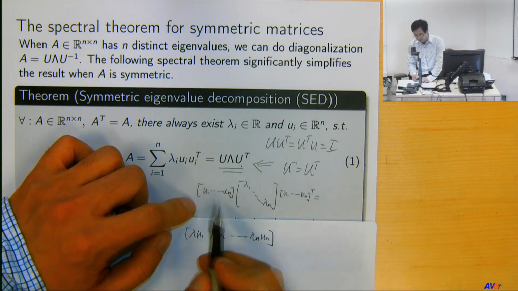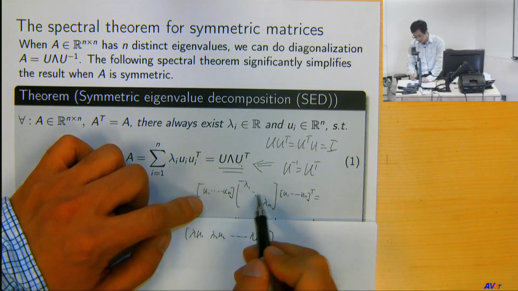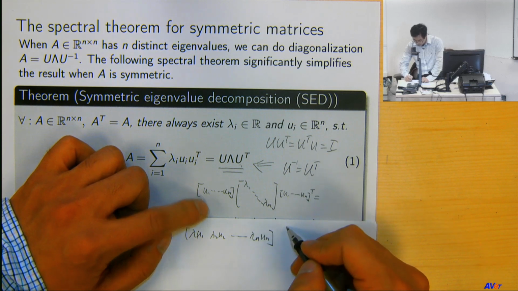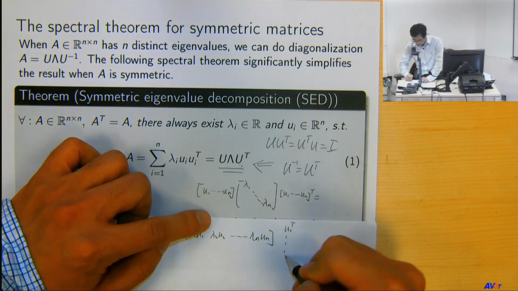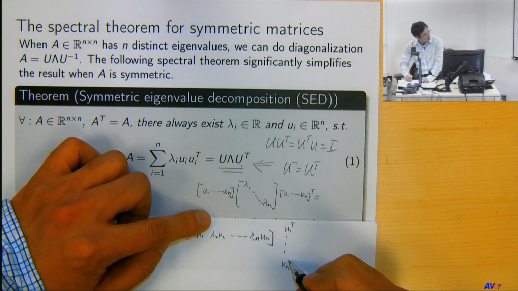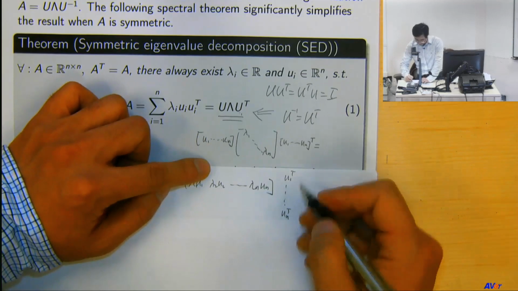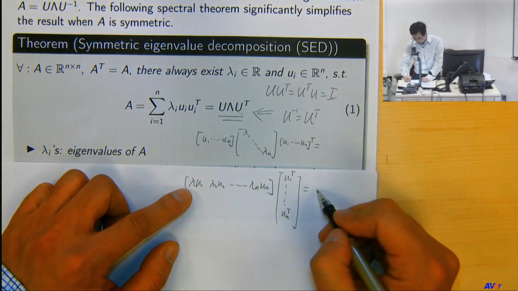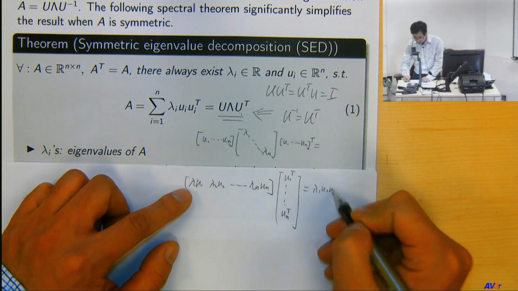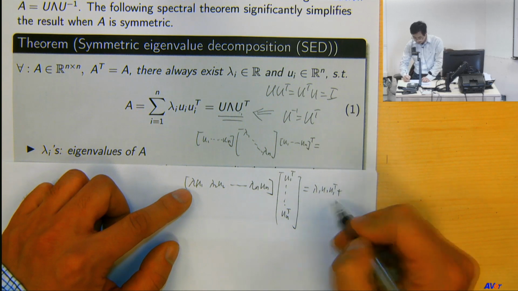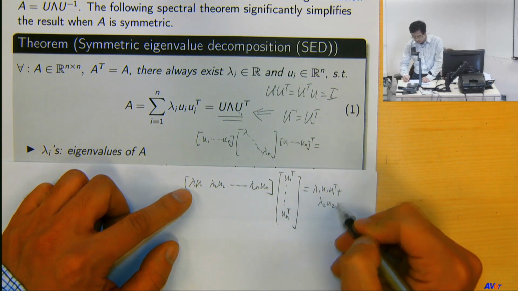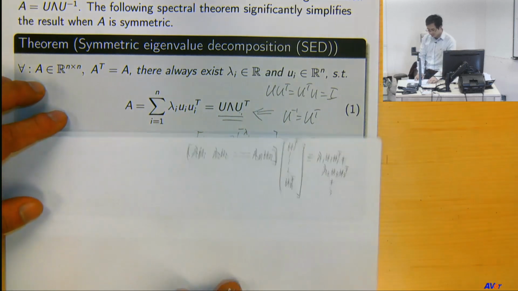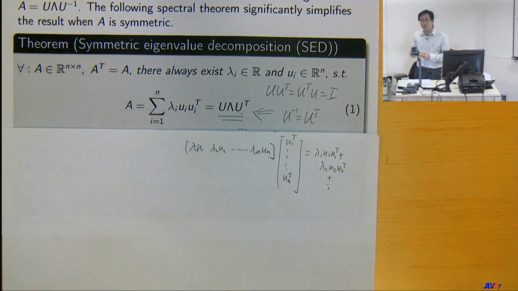So this row vector times this matrix is going to give you a row vector, and then this is u1 transpose all the way down to un transpose. Multiplying things out is lambda 1 u1 transpose plus lambda 2 u2 transpose, and so on. So take a look at this, what this means.